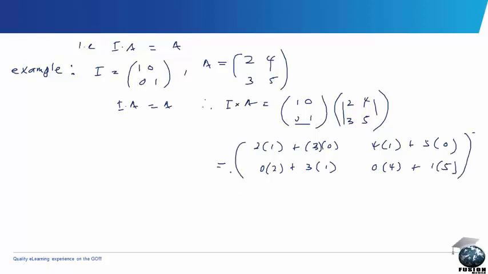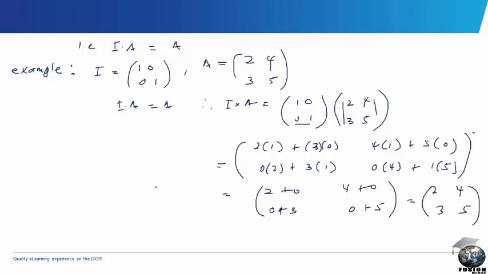This gives 2 plus 0, 4 plus 0, 0 plus 3, and 0 plus 5, which is equal to 2, 4, 3 and 5. Is our outcome the same as A? Yes, so this holds. Therefore you can conclude that I times A is equal to A.